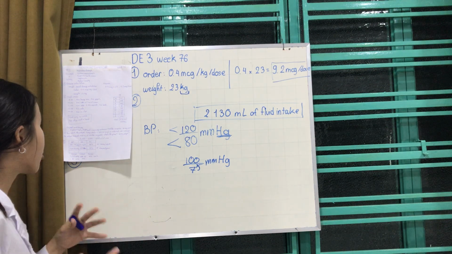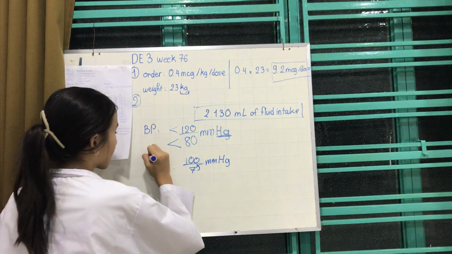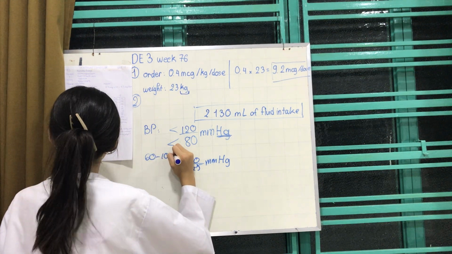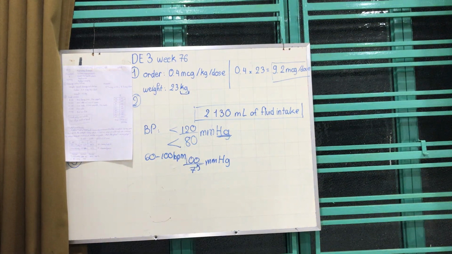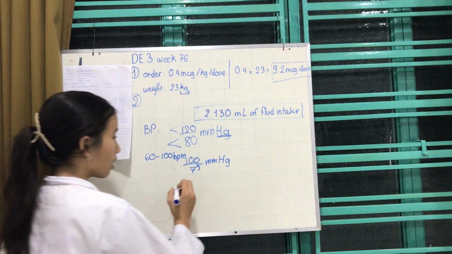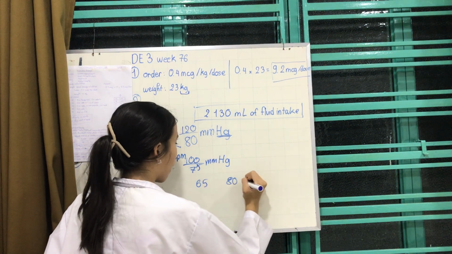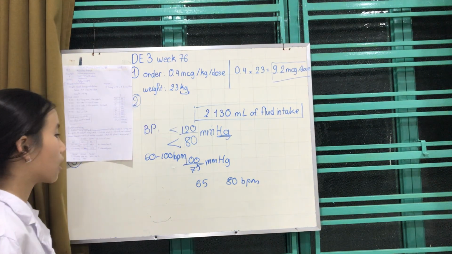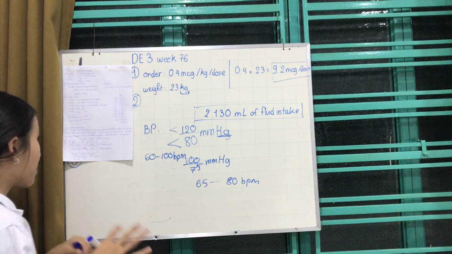Next we have heart rate. The normal heart rate is from 60 to 100 beats per minute. So a normal person will maybe have 65 or 80 beats per minute. So that is the normal amount for a normal adult.